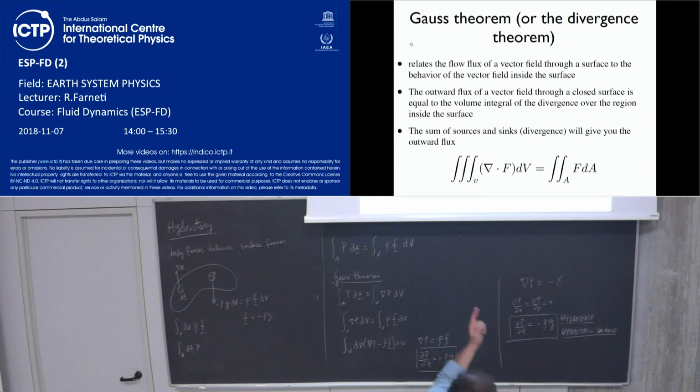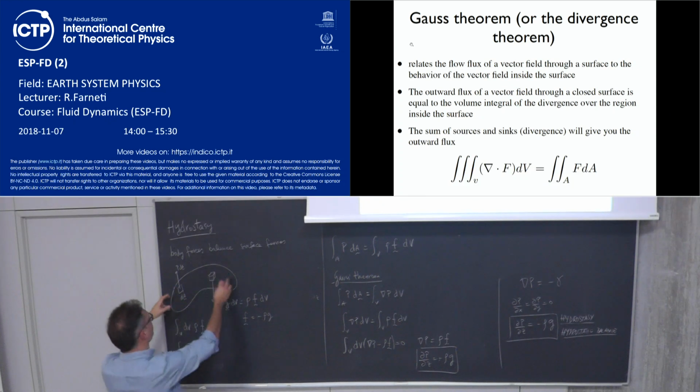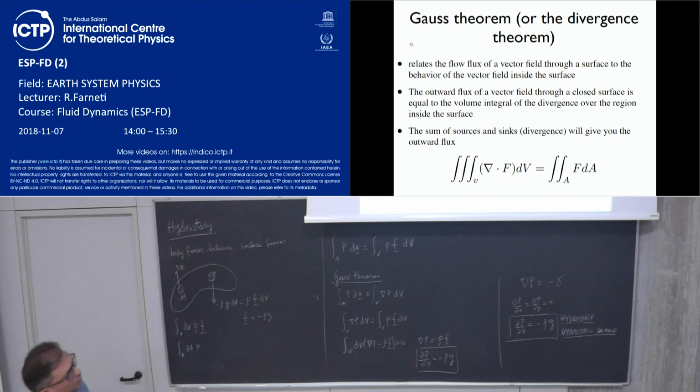Okay, so that's the Gauss theorem that we just used. We're going from an area integral of a vector field to the volume integral of the divergence of the same vector field. Okay, so that makes sense. There's another theorem that we use a lot. So the outward flux. So if this is your volume, the outward flux of your vector field could be velocity vector, for example.